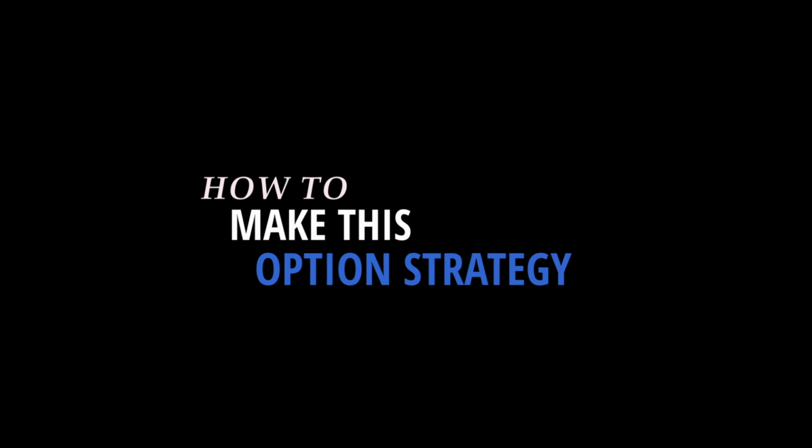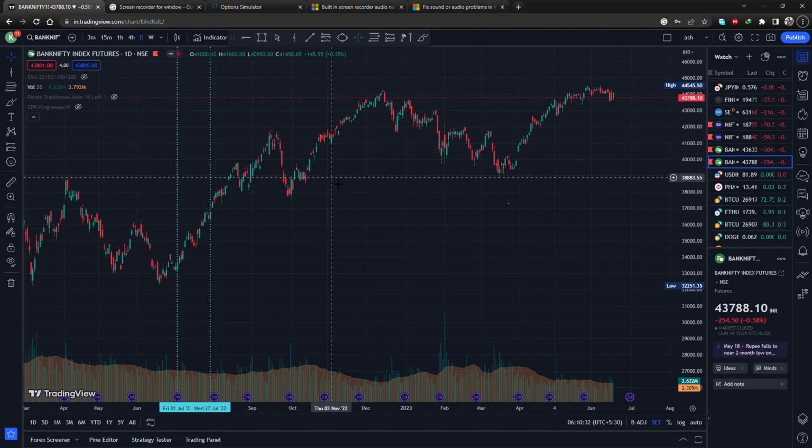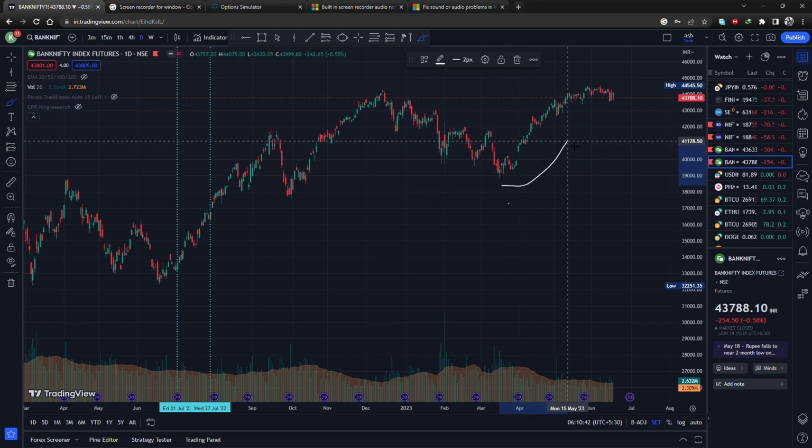How to make this option strategy? Let's understand it with an example. In this example, I am going to take a directional move portion of the Banknifty chart in which we can understand how to do the adjustment.